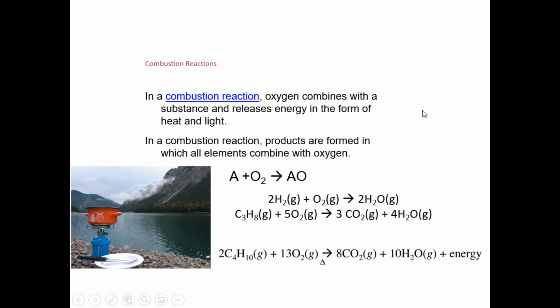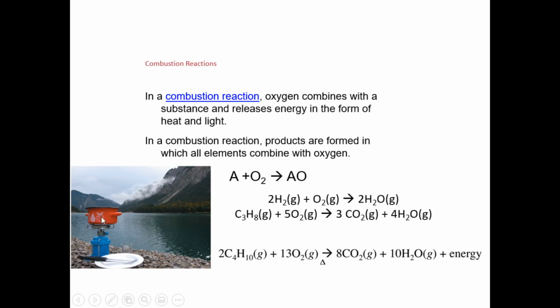That's all combustion is. We could have a very similar looking reaction, and if it doesn't produce heat and light, then it's not considered combustion. It's just considered a normal synthesis. So our generic equation is A plus O2 yields AO.